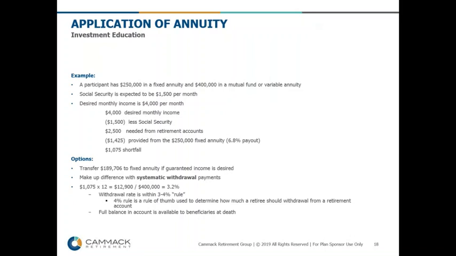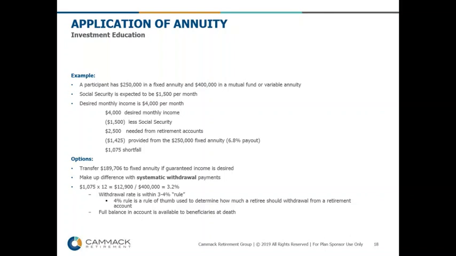I'm going to give you some examples of how somebody that is going to retire might utilize an annuity. So if somebody has $250,000 in a fixed annuity and then $400,000 in a mutual fund or a variable annuity, these are some of the options that they might have.